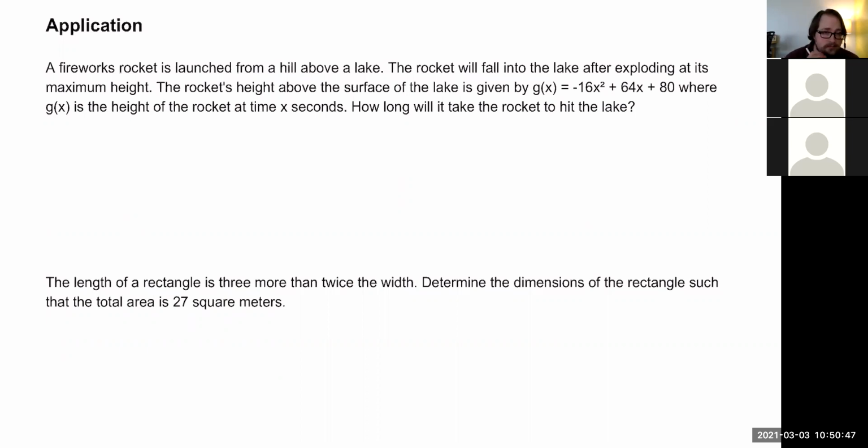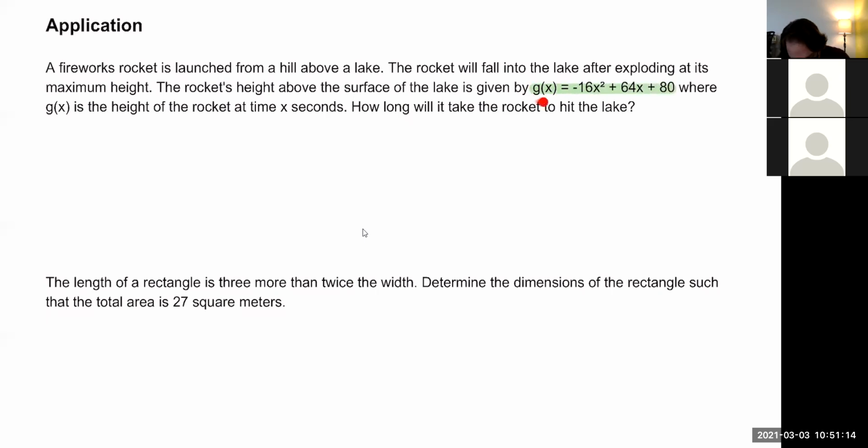So here it says that a fireworks rocket is launched from a hill above a lake. The rocket will fall into the lake after exploding at its maximum height. The rocket's height above the surface of the lake is given by a function, and we haven't really done much with function notation, but this is read as g of x equals -16x squared plus 64x plus 80.